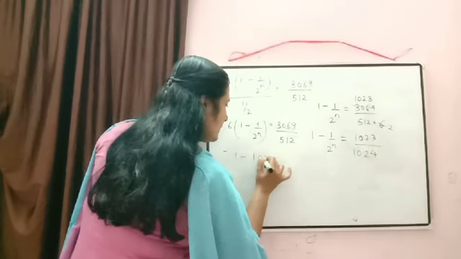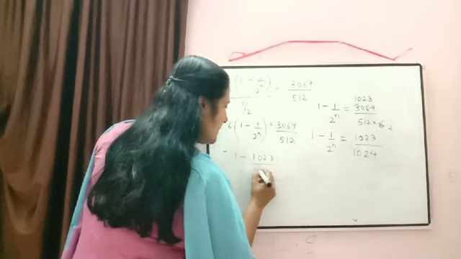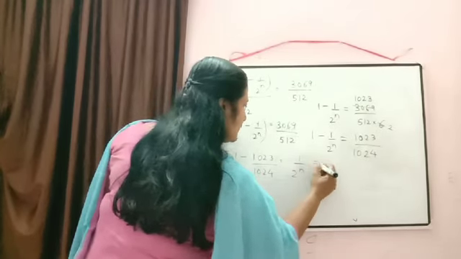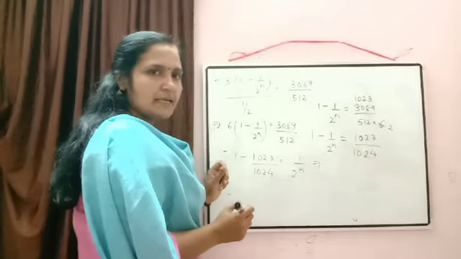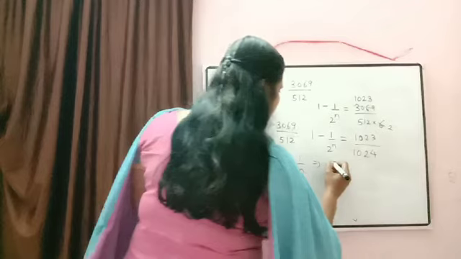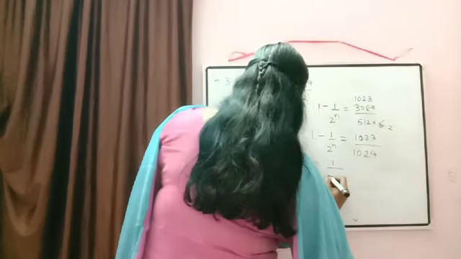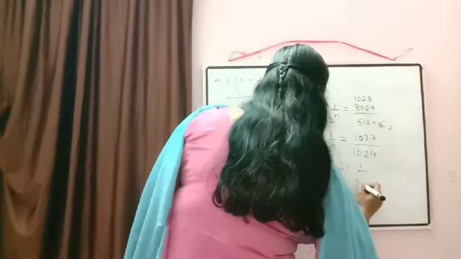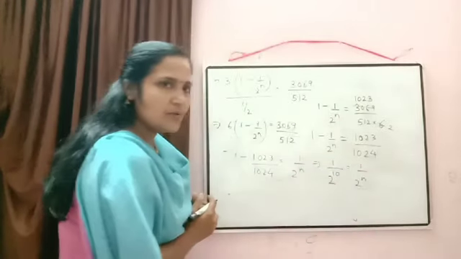So we'll get 1 minus 1023 by 1024 is equal to 1 by 2 raised to n. Do the cross multiplication, then 1024 minus 1023, 1 by 1024, is 2 raised to 10, equal to 1 by 2 raised to n.